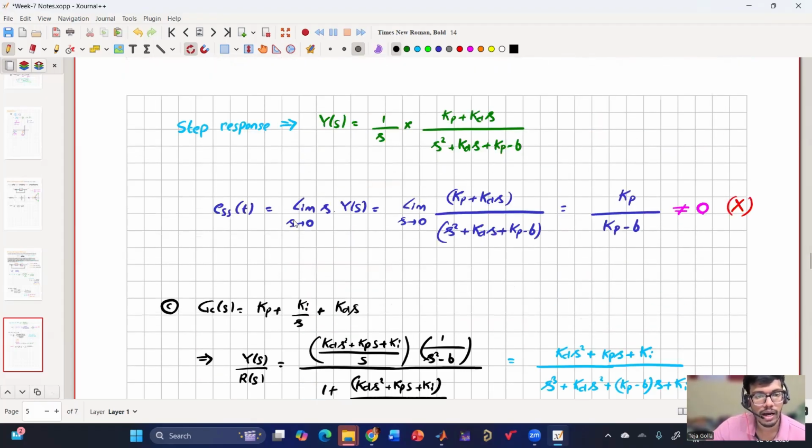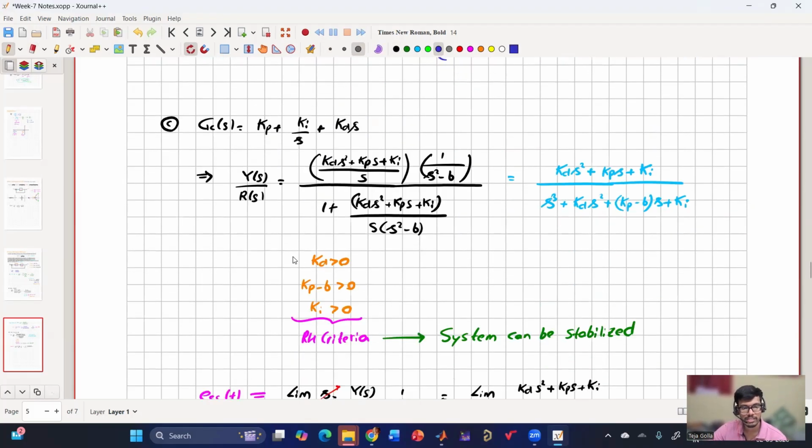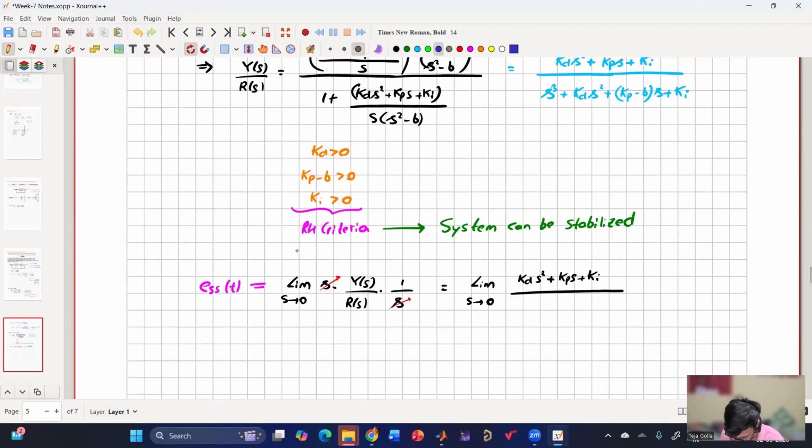This is Y steady state. Error is input minus Y steady state. So I think I have made a mistake. My bad. So this is Y steady state.